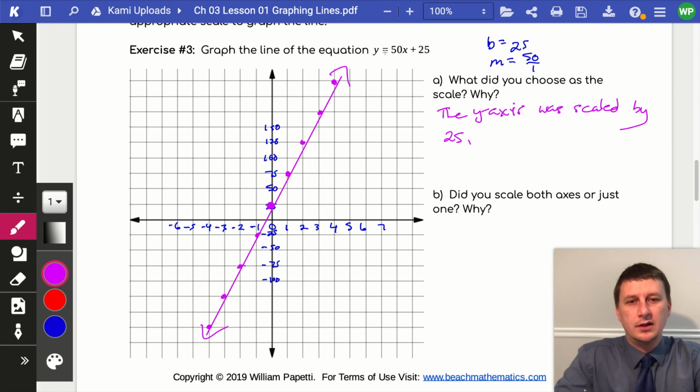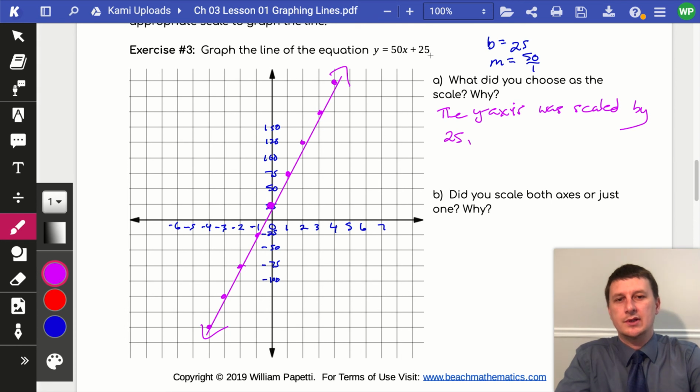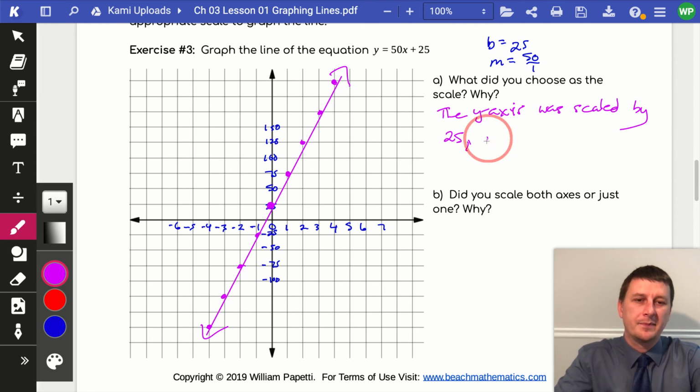So the greatest common factor, maybe I was thinking along those lines, was 25 of 25 and 50. Maybe I was thinking that I didn't want to go up by 50s because then I'd have to start with 25 in the middle of 2 lines. So either of those explanations are perfectly fine. But the y-axis was scaled by 25, and the x-axis by 1.